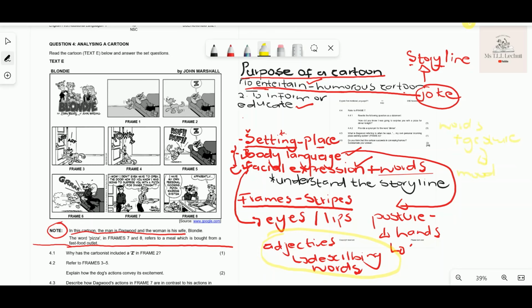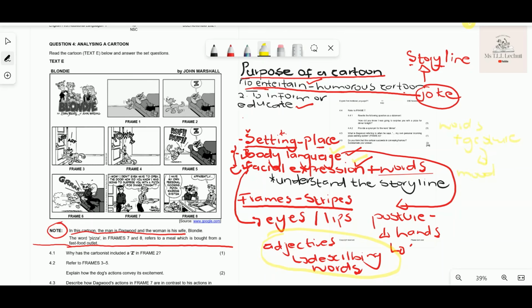If the mouth is wide open, we're expecting that character to say the words louder or to actually be shouting. So our answers will be centered around the description of body language, I'm repeating, the description of facial expression. However, you don't answer by saying body language, you don't answer by saying facial expression. You tend to become how?